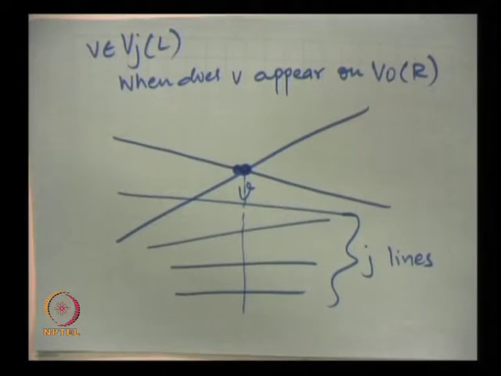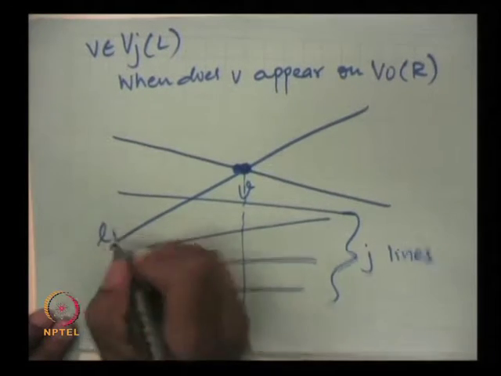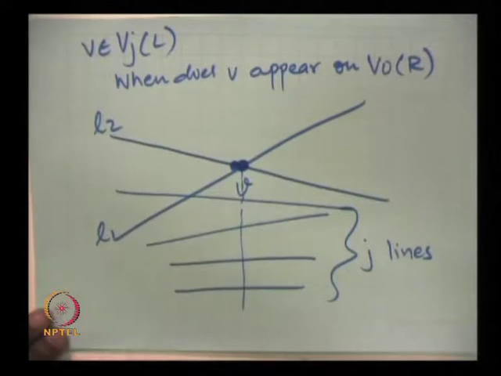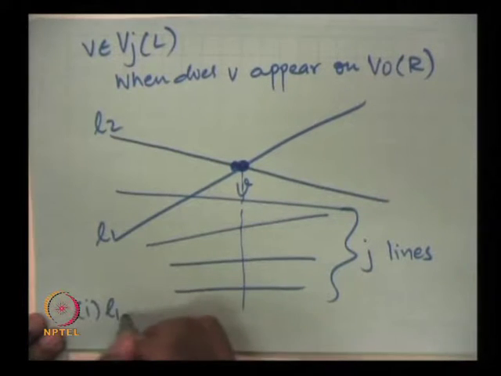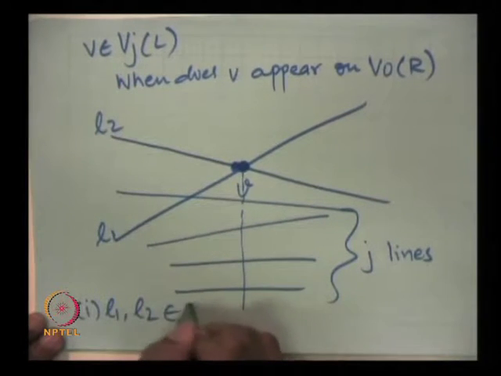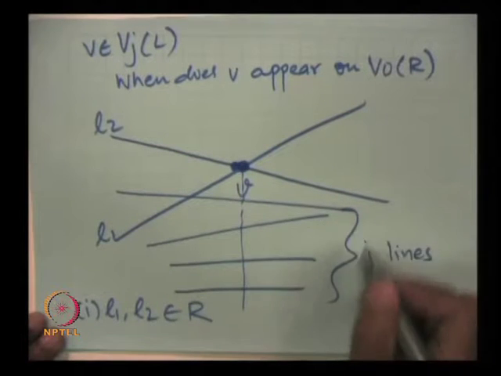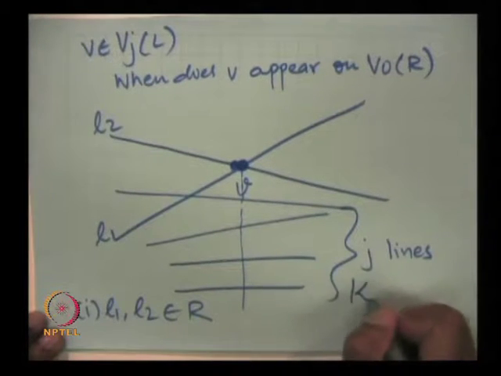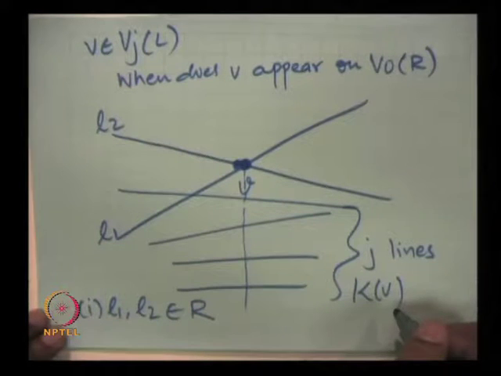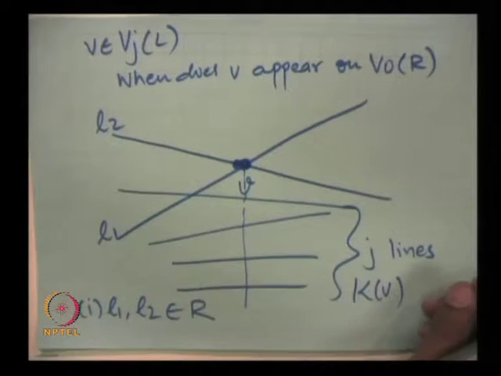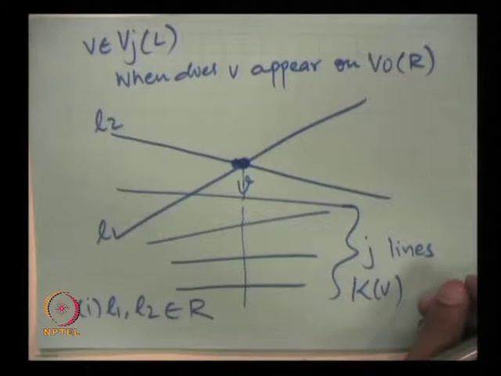Okay, so let us write this. Call these lines L1, L2. One condition is that L1, L2 are chosen in R, and let us call the other set the killing set of the vertex, because if any of these lines is chosen, then the vertex does not appear. So these are the lines that kill it from appearing.